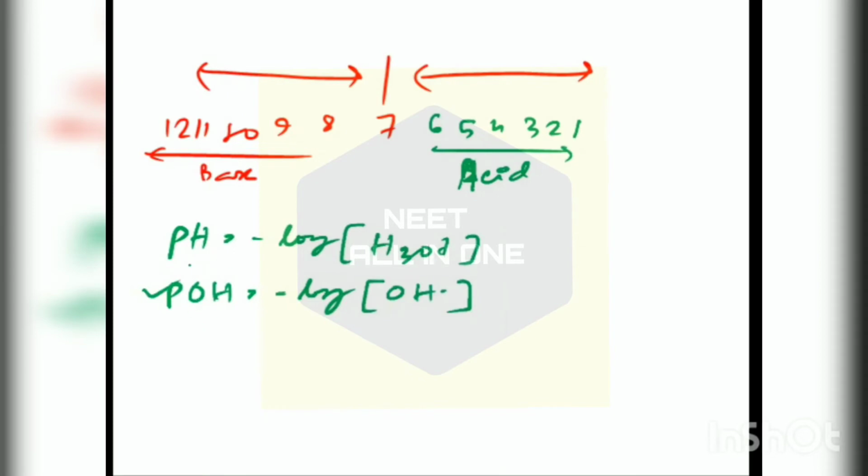To get the pH of any base, we just subtract the pOH from 14. So here it will come like this, so it will be our pH of base.